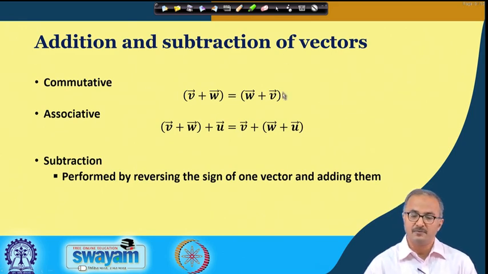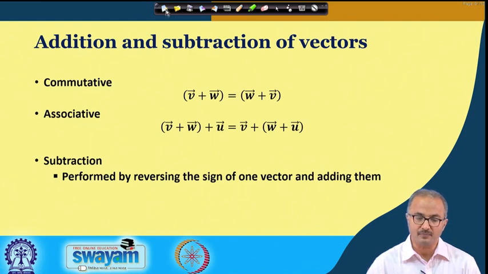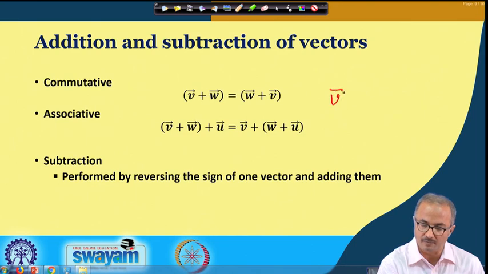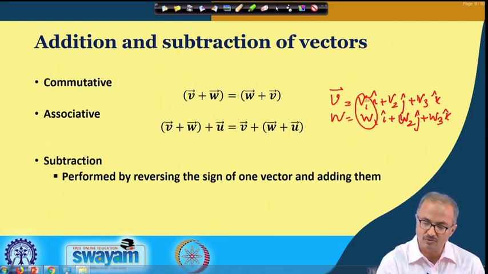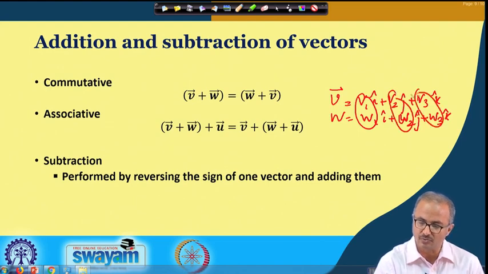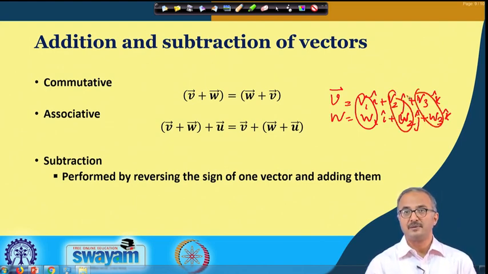That means if v is taken as v1 i plus v2 j plus v3 k, and w is taken to be w1 i plus w2 j plus w3 k, the addition means we shall be adding these two, these two, and these two, in the three directions separately, and that is how we shall get the resultant vector.